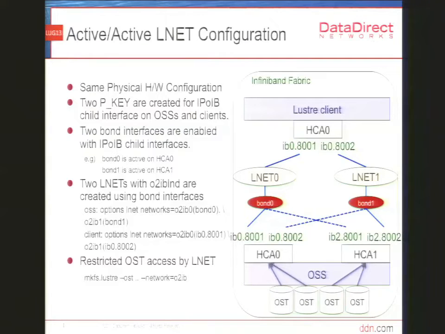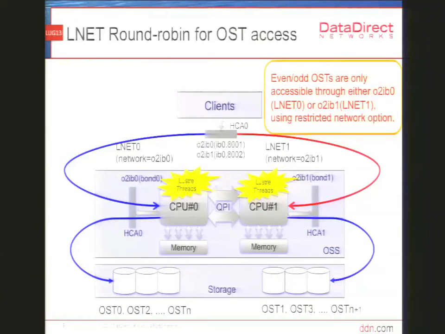On the client side, we also have to create the child interface on one HCA to access the Lustre network. On the OST side, they have restricted access for each network to make the I/O path from the client to the OST optimal. I will talk about that in more detail next.